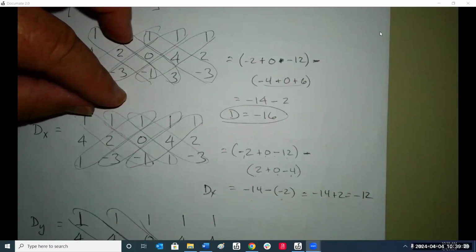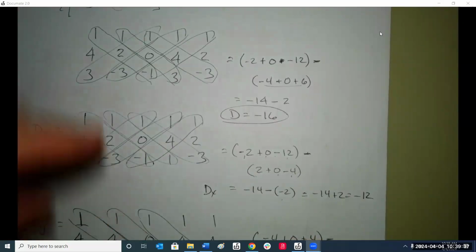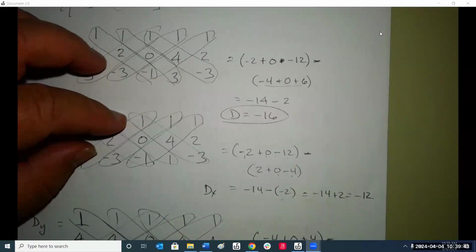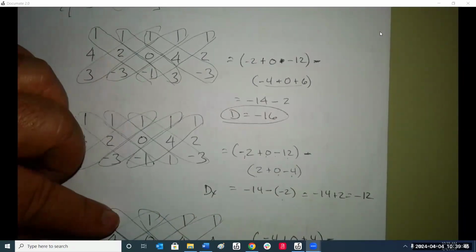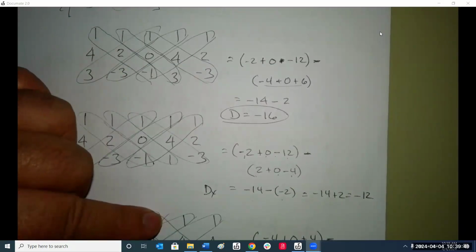Multiply each of these diagonals, then add them together. So it's -4 plus 0 plus 4. Multiply these together. 3 times 4 is 12 plus 0 minus 4.